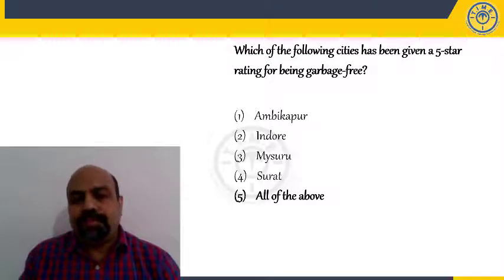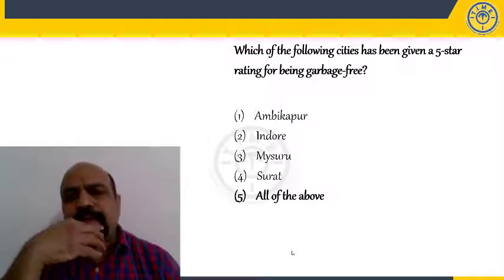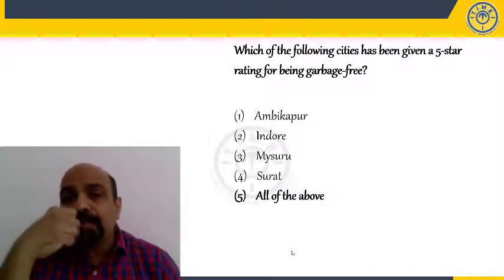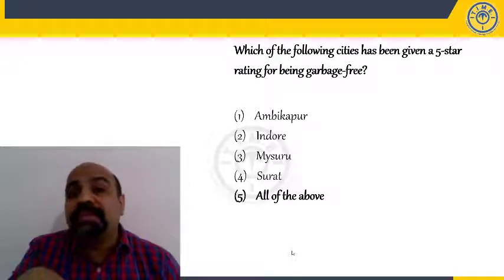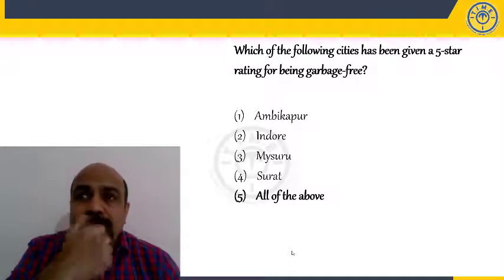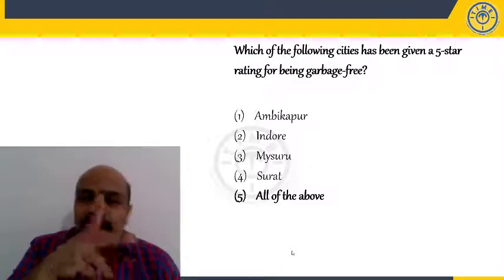Okay. So about 6 cities have been given 5-star rating. There were higher ones, 7-star, no city got it. 65 cities were given 3-star rating, and I think about 70 or 80 were given 1-star.